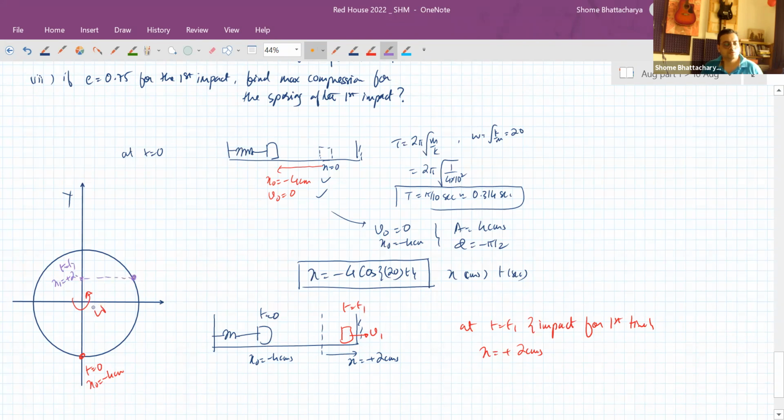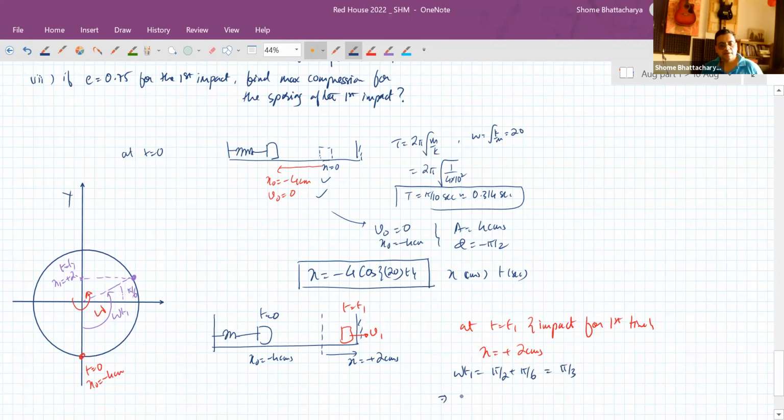So it should be here. So you can see that the angular displacement is this. This angle here, you'll see, is pi by 6. So omega t1 has to be pi by 2 plus pi by 6, or 2 pi by 3.